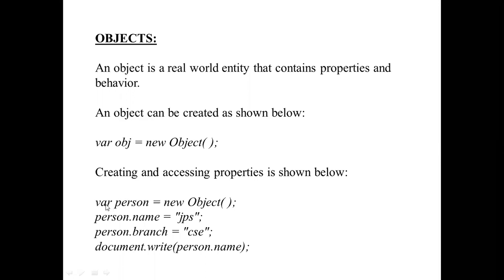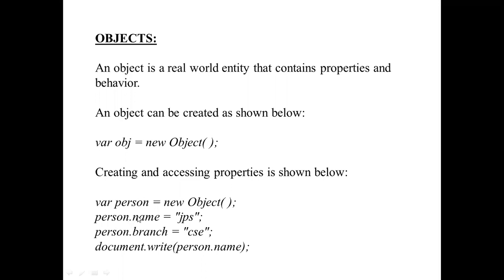Here var person = new Object(). The person is the object that is created using the new operator. Next, person.name and person.branch. These are the properties. Name and branch are the properties of the object person. The values of these properties are accessed using the dot operator.